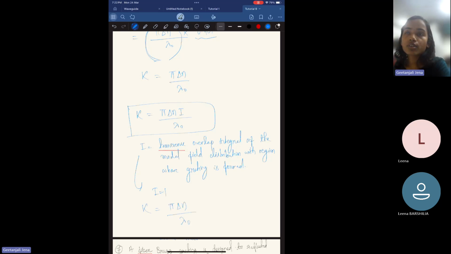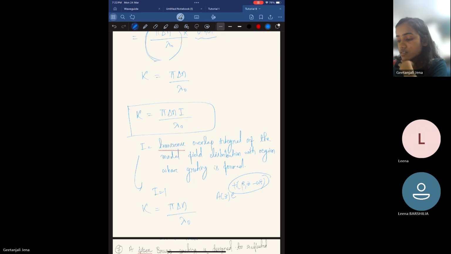Because by the coupled mode theory, if you recall, we express psi as A(z) e to the power minus or plus i beta 1 z minus omega t. So we express in terms of plane waves. So for plane waves, we can take I equal to 1. But in the denominator, we use n effective.